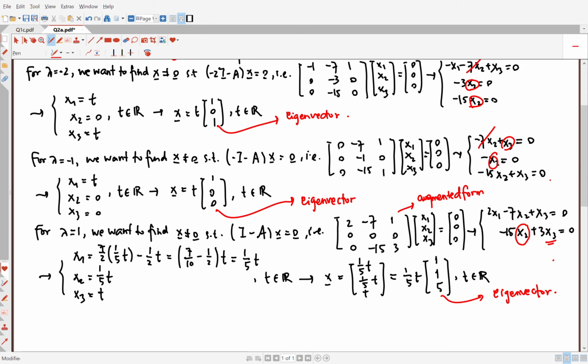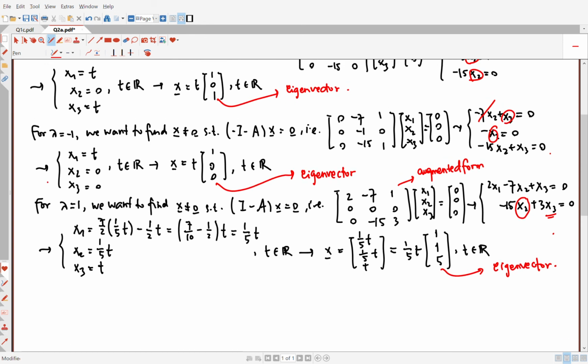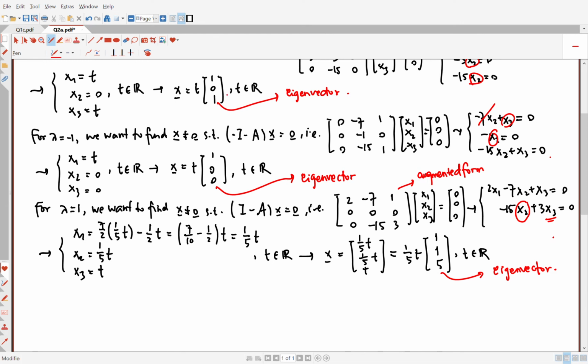Then we only have the set of this eigenvector. There is only one element here, so of course this is linearly independent. This is also linearly independent. This is also linearly independent.